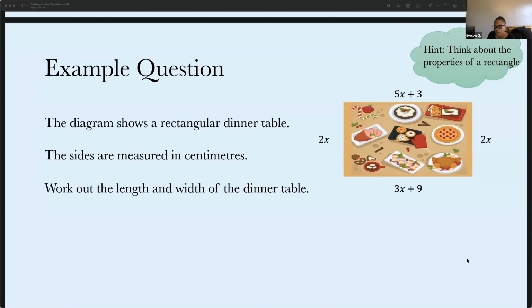Someone said, if I use trial and error, will I still get marks for it? That's a good question. Not necessarily. It depends how much. For those students who haven't looked at mark schemes before, I'll briefly explain how mark schemes work in maths.